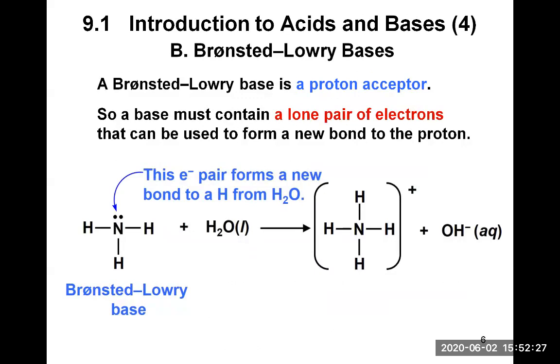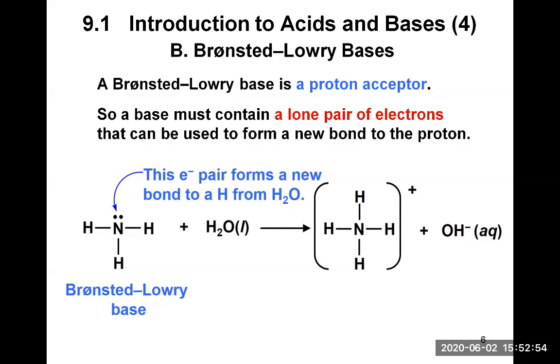Here, let's look at the left side of this reaction with NH3. NH3 is the Bronsted-Lowry base on the left. Ammonia has a lone pair on the nitrogen, and that lone pair makes it a base because it can accept a proton.